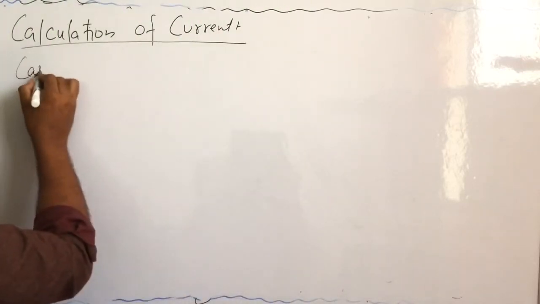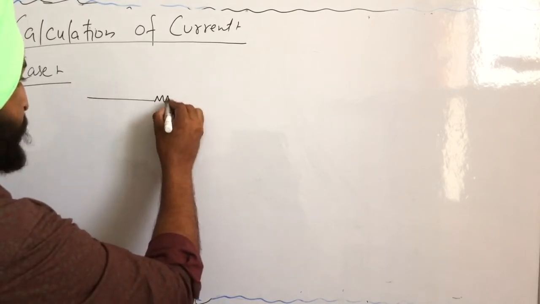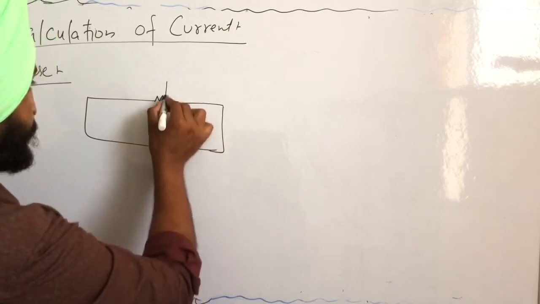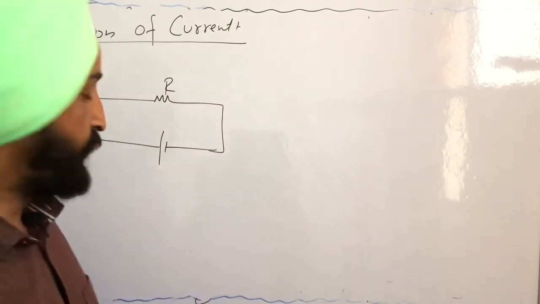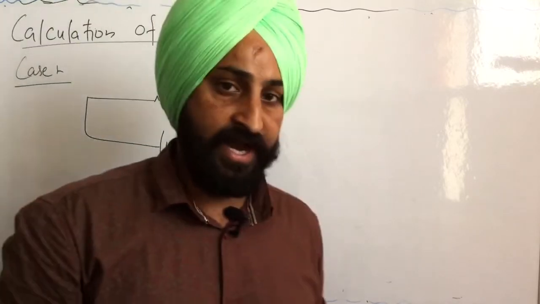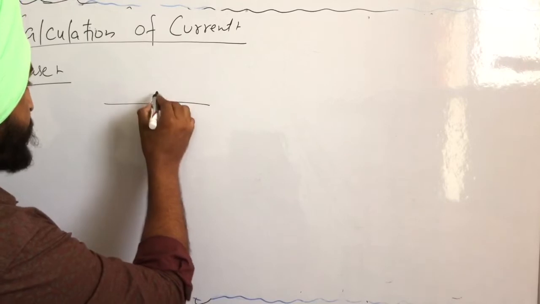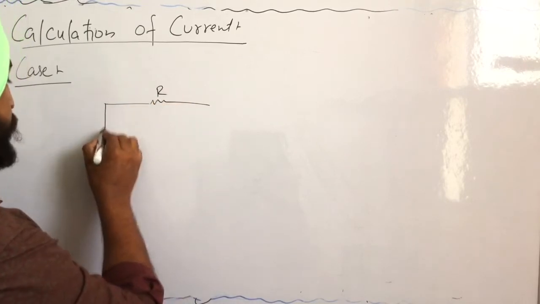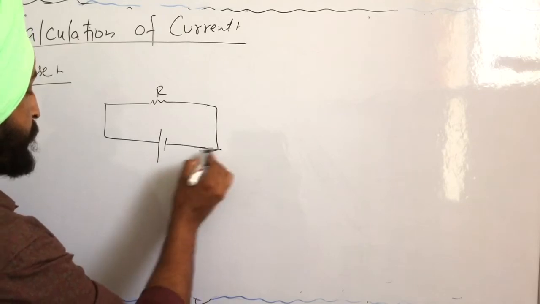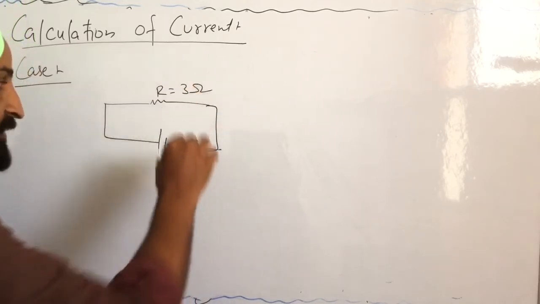Case 1. When we have a simple circuit in which we are given electric potential or EMF and the external resistance. Let us have a simple circuit in which we are given a battery of 6 volt and a resistance of 3 ohm connected in this manner.